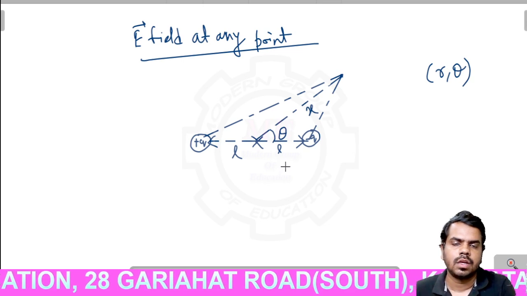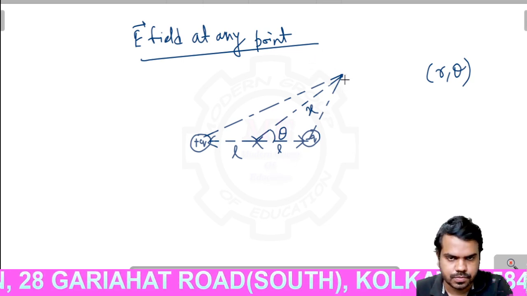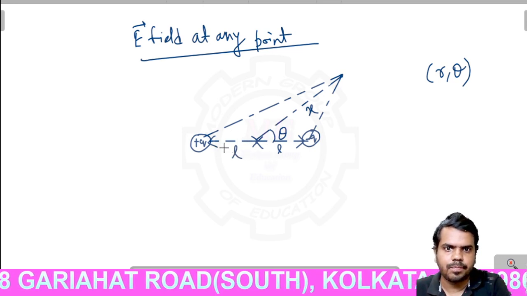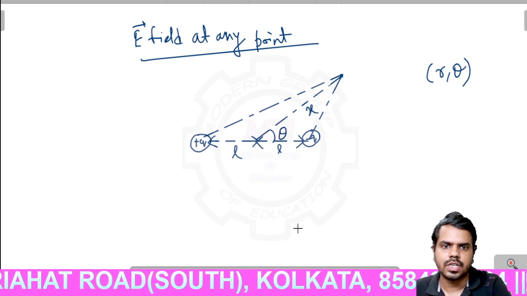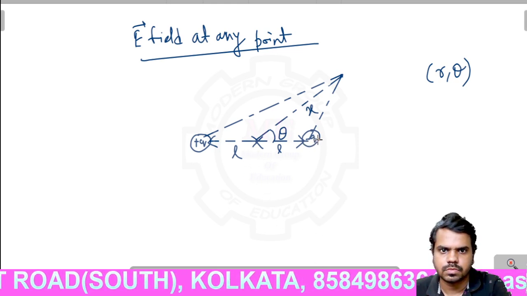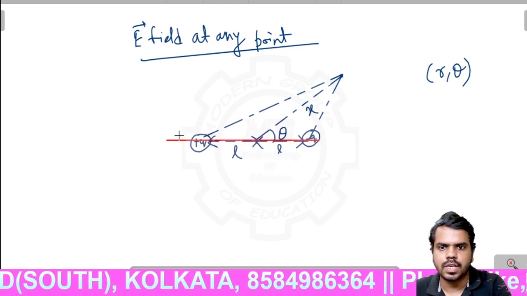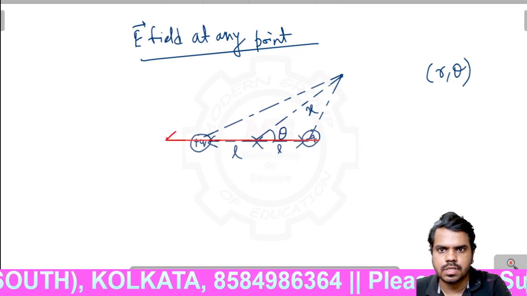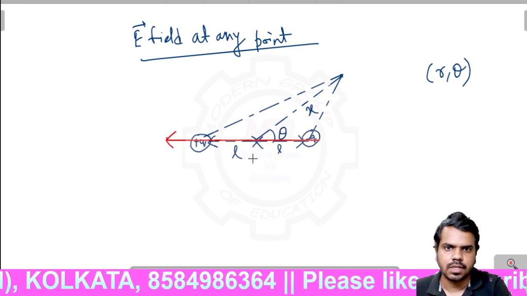Now this proof has some tricks. The direction of p is in this direction. Changing the color, the direction of p is in this direction. So this is p.